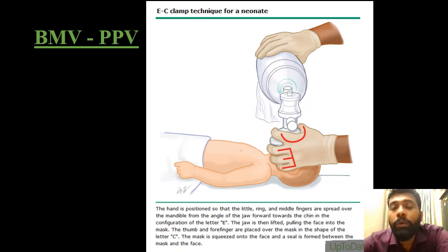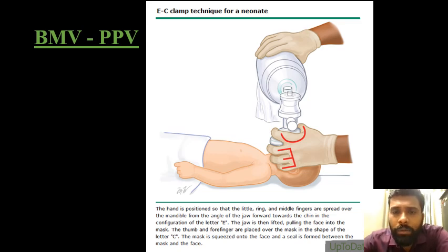Then, instead of going to the next step, you are supposed to check for corrective steps: mask readjustment, repositioning of the head, suctioning of the airway, opening of the child's mouth, increasing the positive pressure ventilation pressure, and planning for any alternative airway. So the acronym for this is MR-SOPA.